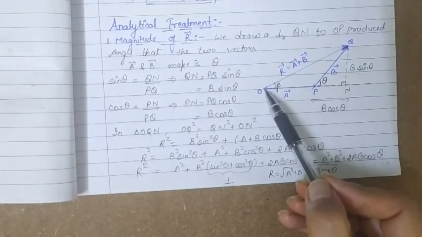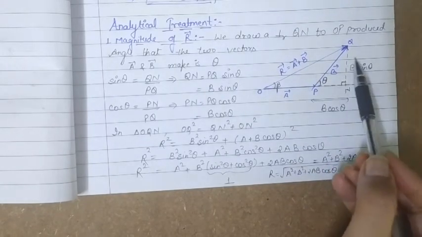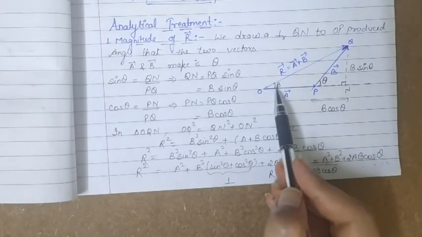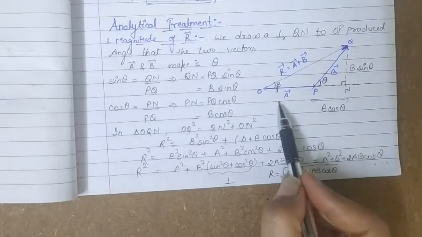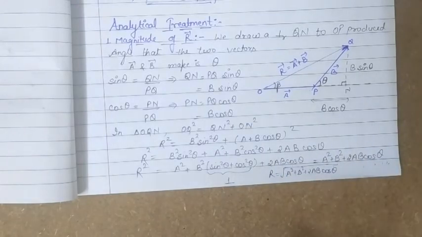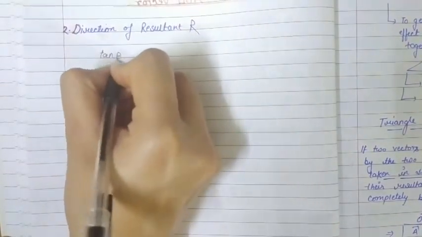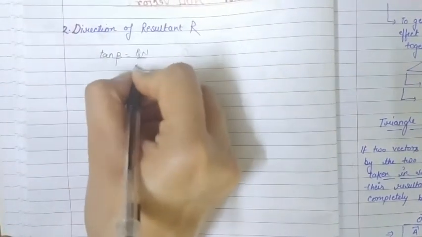In the triangle OQN, this is the perpendicular, this whole ON is the base, so tan beta is equal to B sine theta upon A plus B cos theta, and by taking its inverse we can find the value of beta. So for direction, tan beta is equal to QN upon ON.